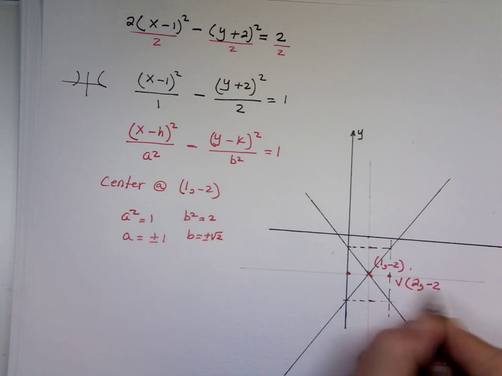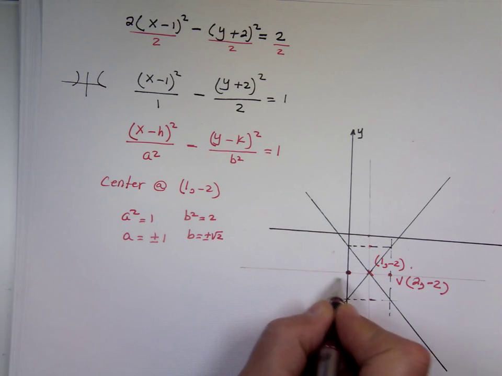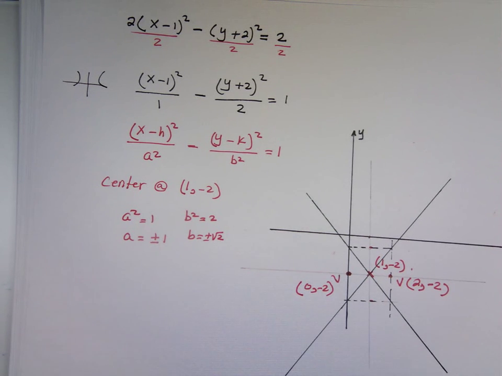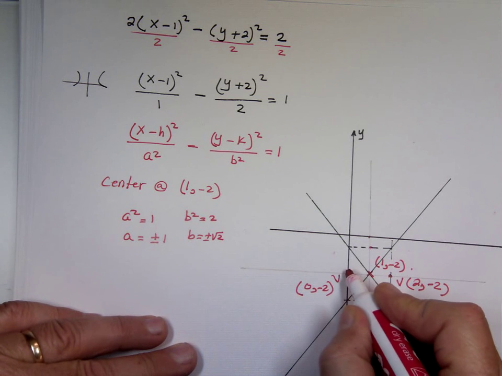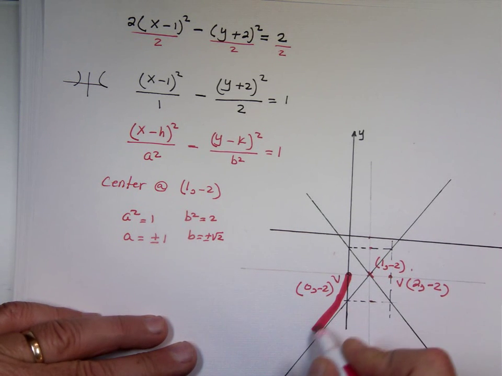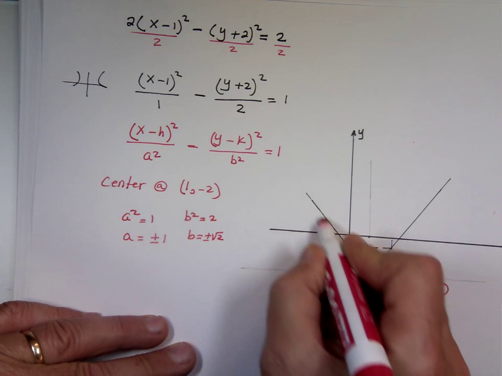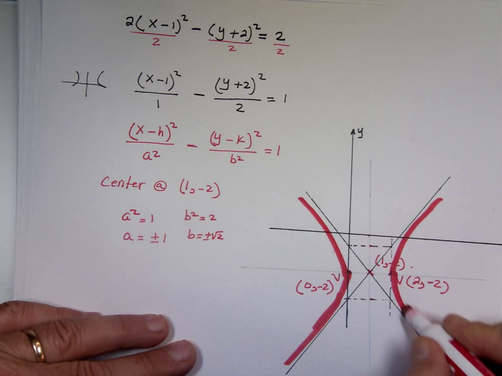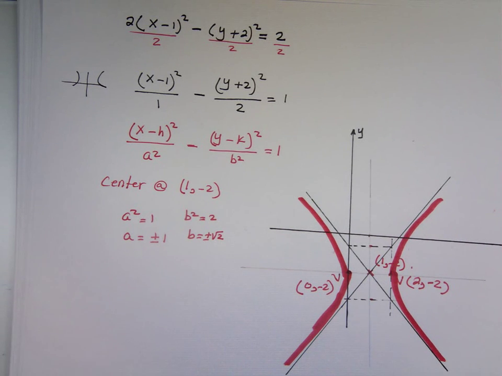And this vertex is going to be what? 0 comma negative 2. So that's the same concept, right? You add or subtract. Yes, same thing as before. So now, my graph should look like what? We said it's going to cross the x-axis, so it's asymptotic to this one. That's what the graph is going to look like.